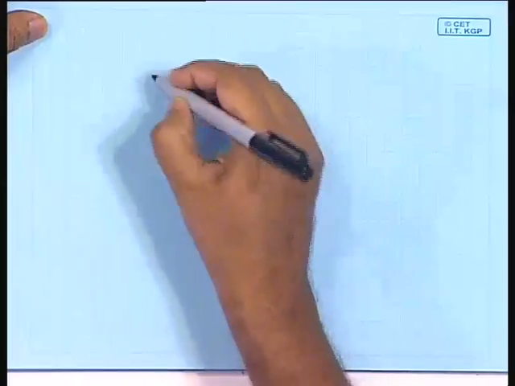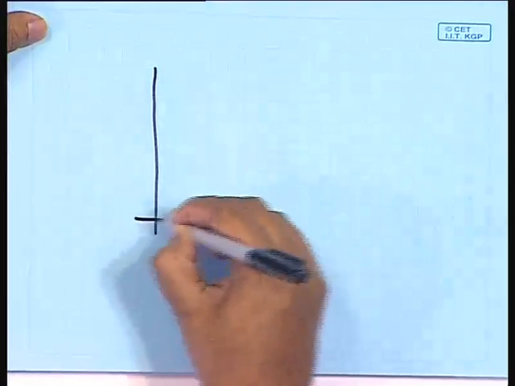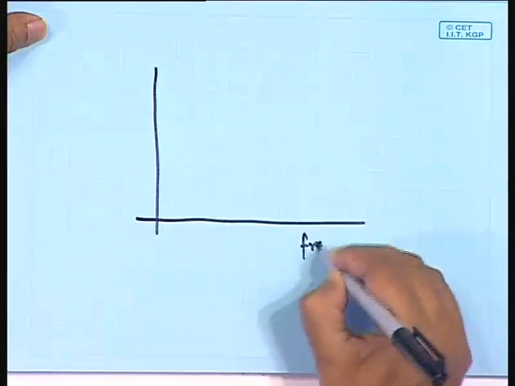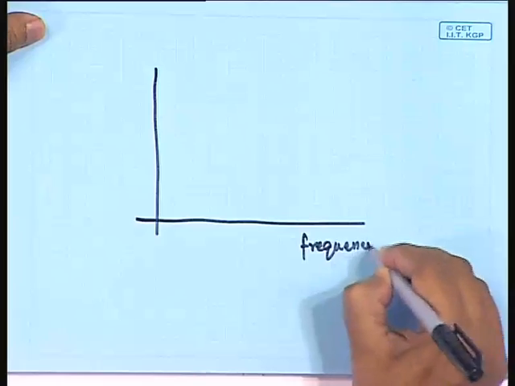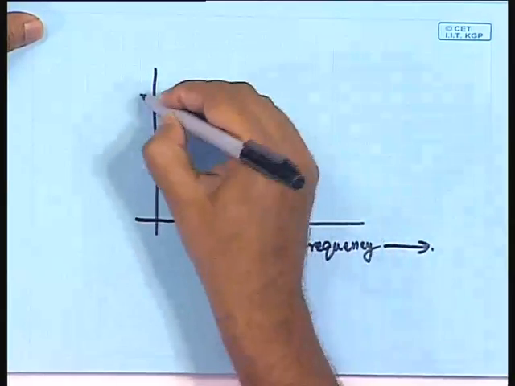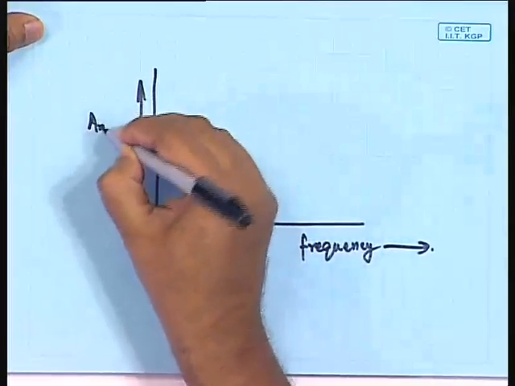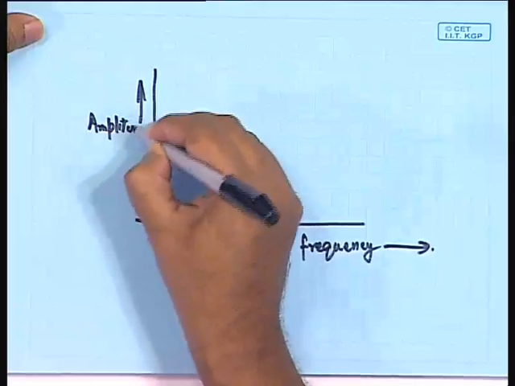And if we look at the frequency spectrum of, let us say, the voiced and the unvoiced speech, it would look something like this. Say we plot amplitude versus frequency. On this axis we have the frequency, and here we plot the amplitude.